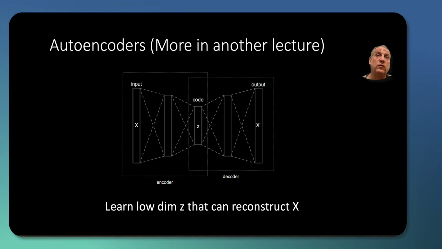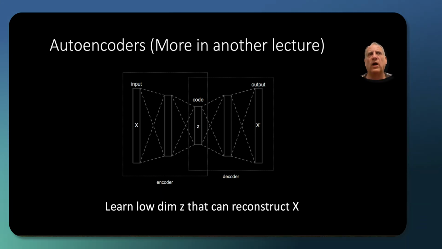If you challenge this architecture to solve the following problem: if I give it this input, I want it to represent this output exactly. Okay? So that seems strange.